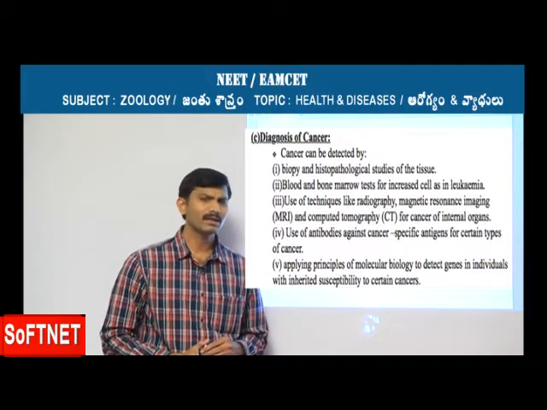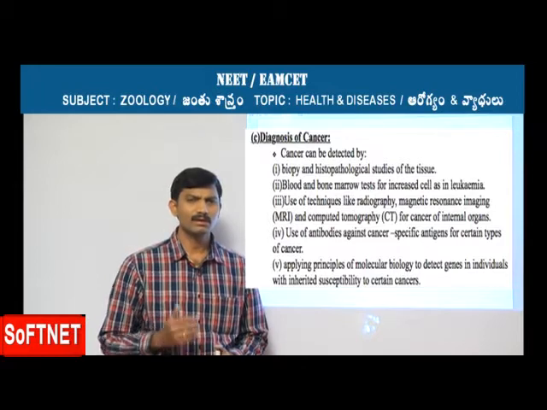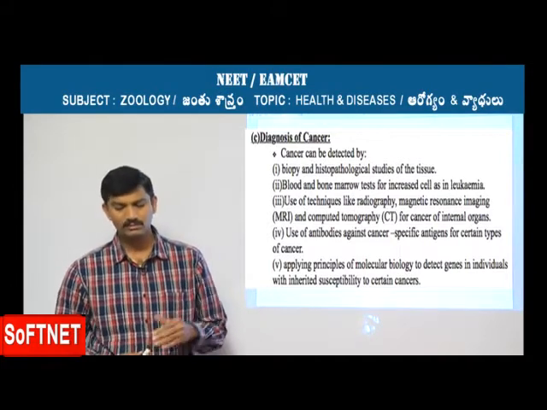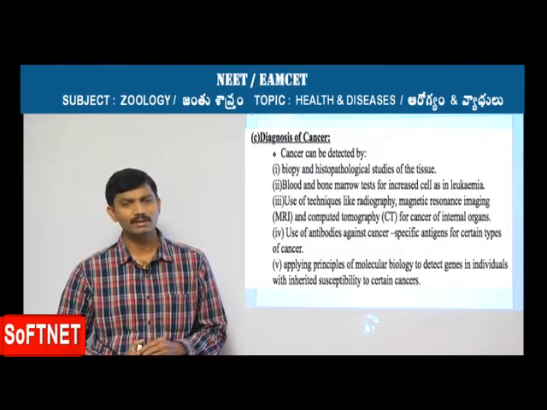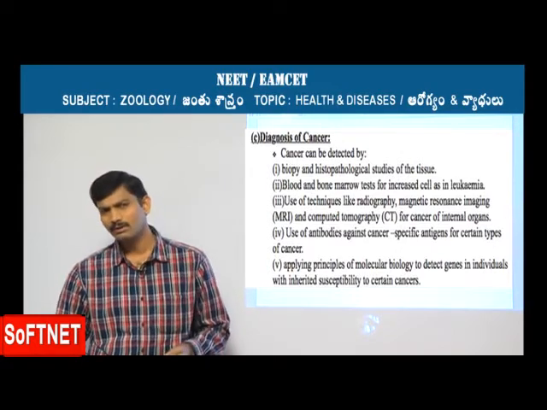Now, there are different types of cancers, classified based on their origin. For example, cancers that develop within the epithelial cells are called carcinomas, and they are the most common type of cancers.